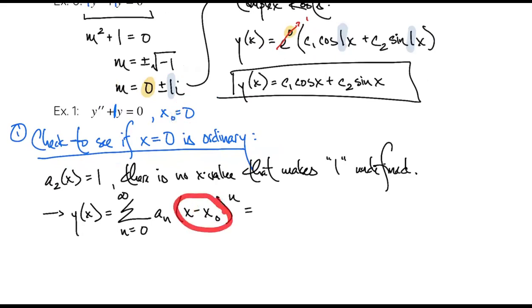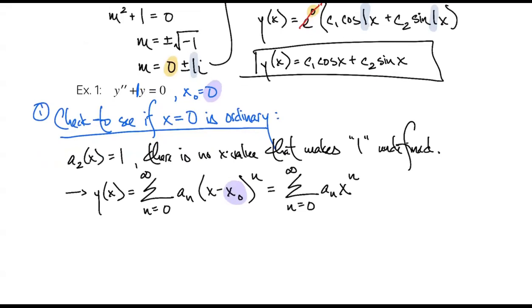If I have x minus 0, that's just going to be x, right? So we can actually make this into the sum from n equals 0 to infinity of a sub n x to the n. All right, and that is again because when we plug in 0 for x sub 0, that second term will go away. Okay. So in our check to see if it's ordinary, we actually get a guess for our solution form as well.